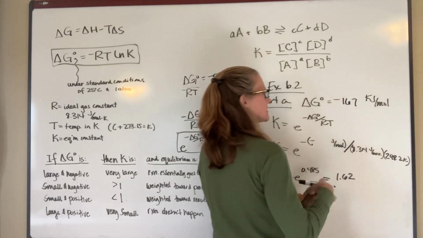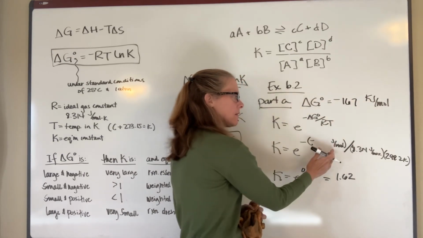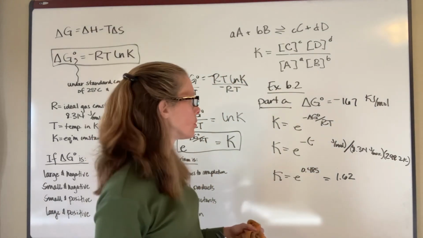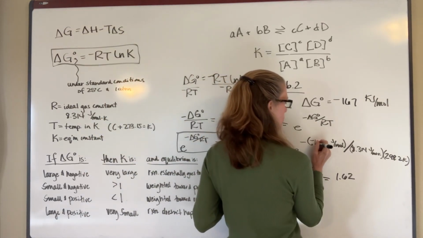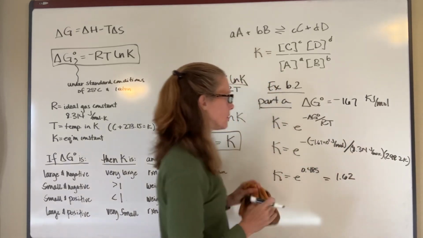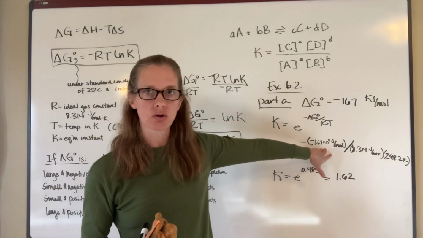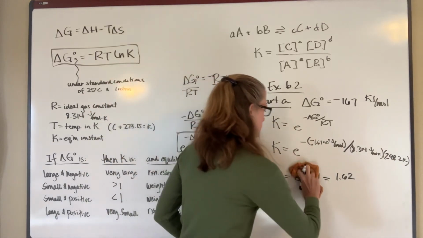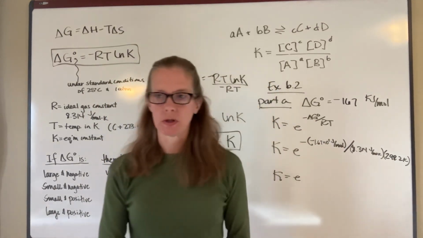But because this is kilojoules, when I put it down here in this formula, it's got to be changed to joules. So this is going to be negative 1.67 times 10 to the 5th. Okay, so this is a much larger delta G than I had before. So get rid of this since we're going to be redoing that.